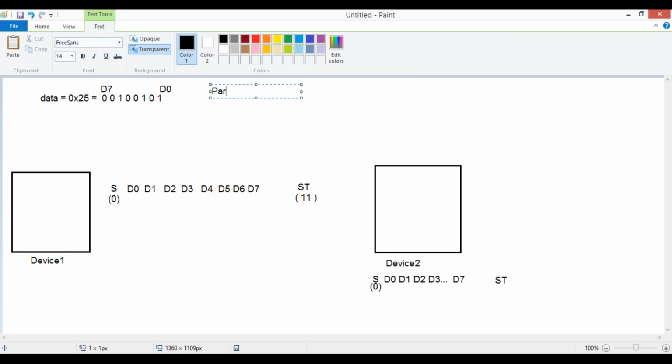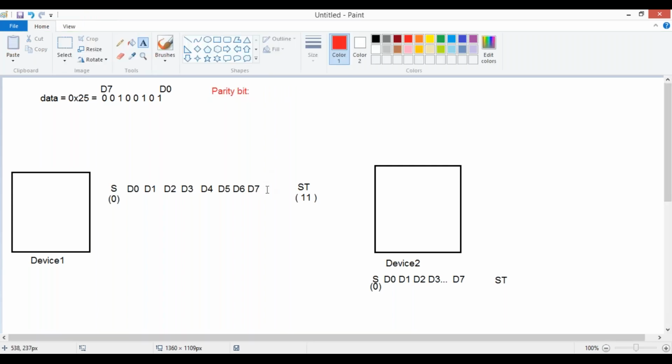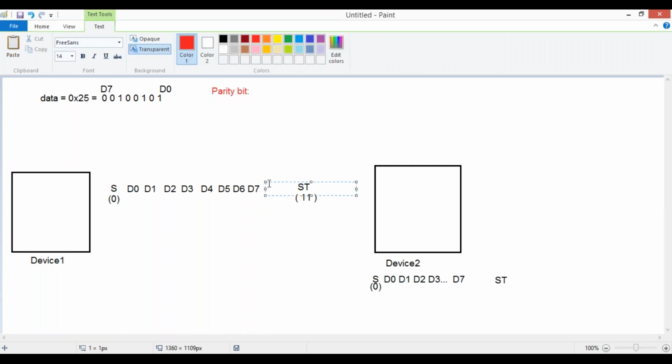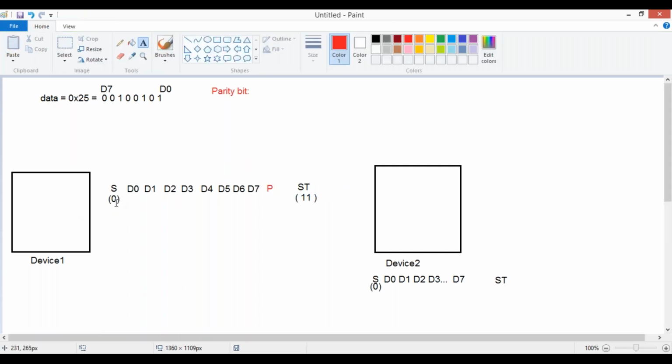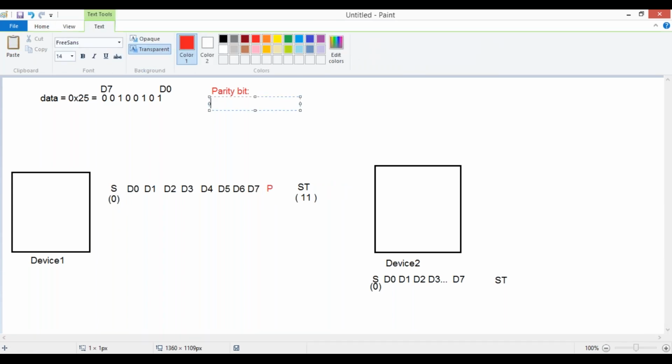So you have one more bit, which is the parity bit, and it comes after D7. Device 1, based on your data, calculates the parity and transmits it. You have two types of parity: one is the odd parity, another is the even parity.